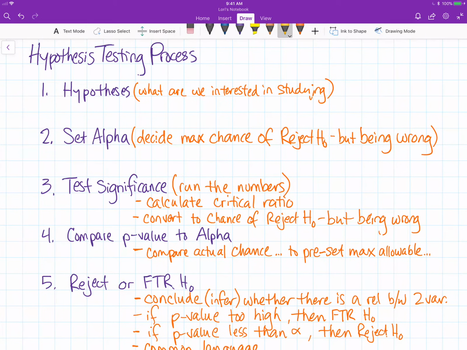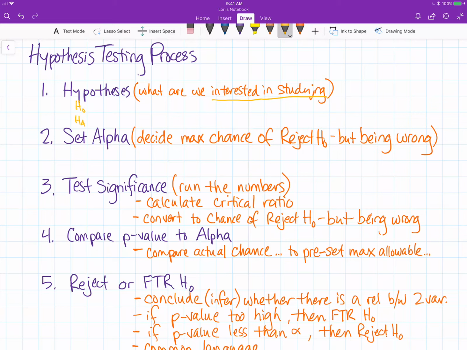We start out by saying what we are interested in studying. And we say that in a specific way, and we call that a null and an alternate hypothesis. So here's our null, and here's our alternative hypothesis. Remember that we're always testing the null hypothesis. It's the one that says there's no relationship, all the groups are equal, there's nothing interesting going on here, we can't find anything that makes us think that there's any kind of relationship at all.